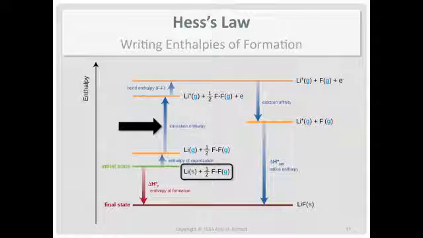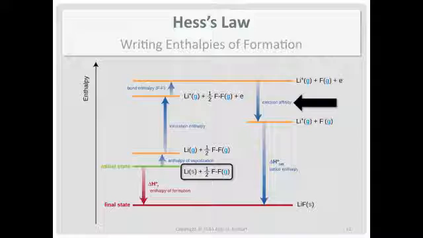Then we need to remove an electron from lithium to make it the lithium ion. That's also endothermic. Then we break the bond between the fluorines and diatomic fluorine. So then we have atomic fluorine. That's endothermic. That electron that we removed from lithium gets transferred to fluorine. That's an exothermic process.